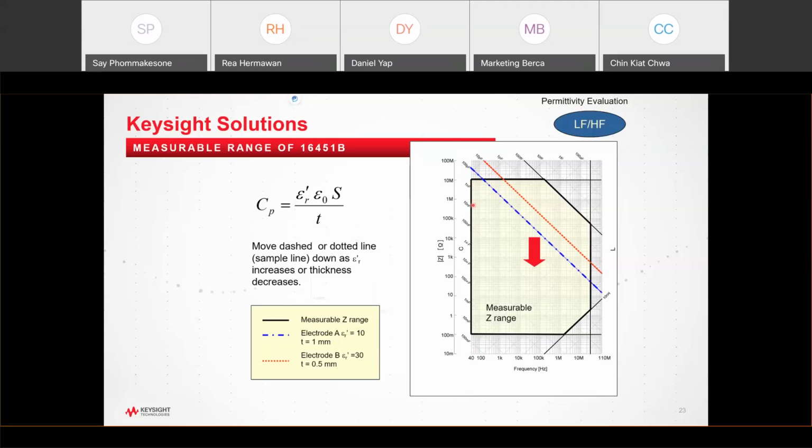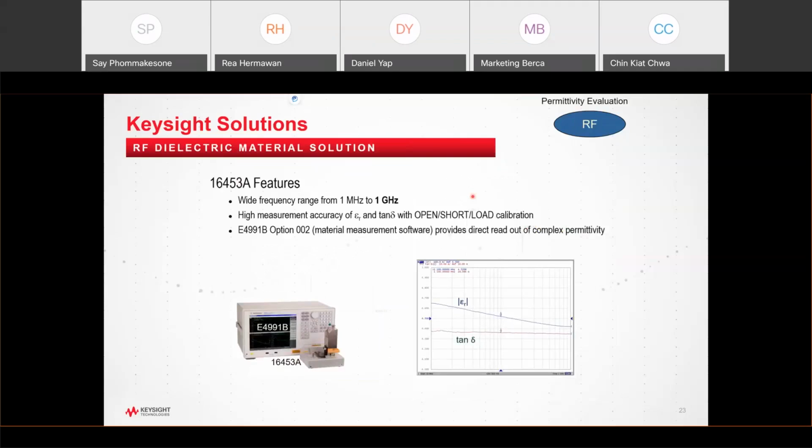So you have to adjust your sample to be thinner in this case to bring this down, so you can measure a bigger capacitance. Okay. So another one is up to 1 gigahertz. Similar, basically exactly the same measurement method, but using a different fixture.